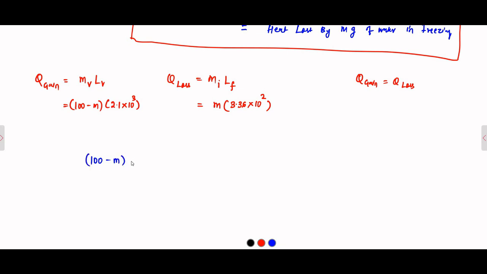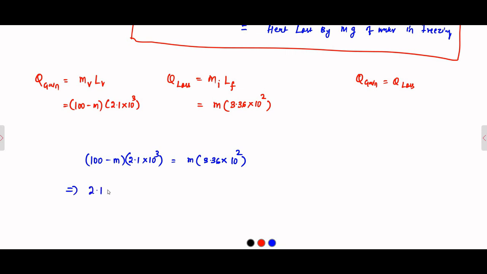(100 minus m) into 2.1 into 10 to the power 3 is equal to m into 3.36 into 10 to the power 2.